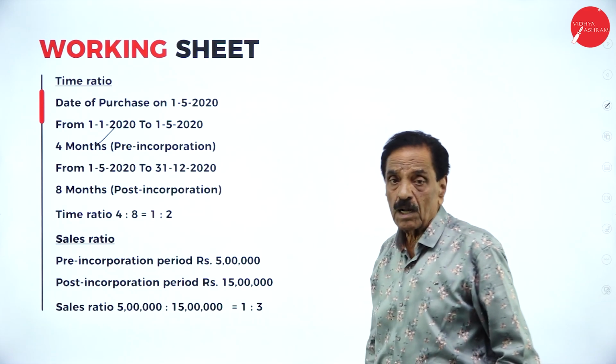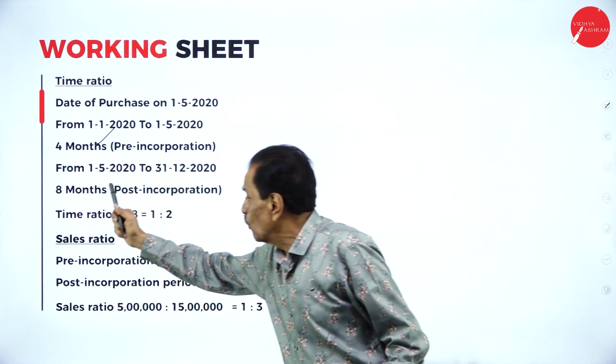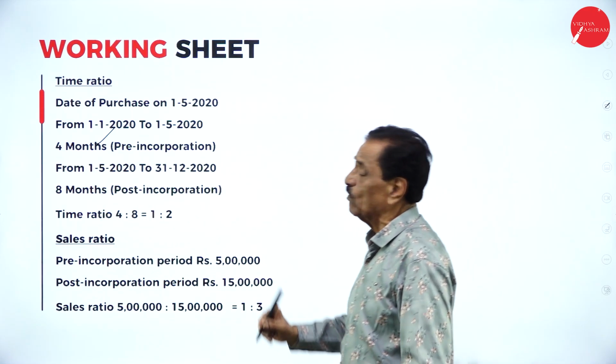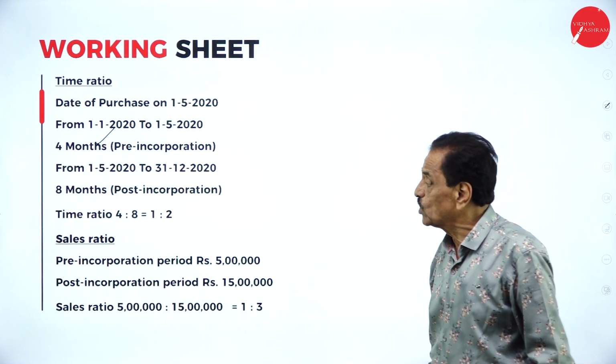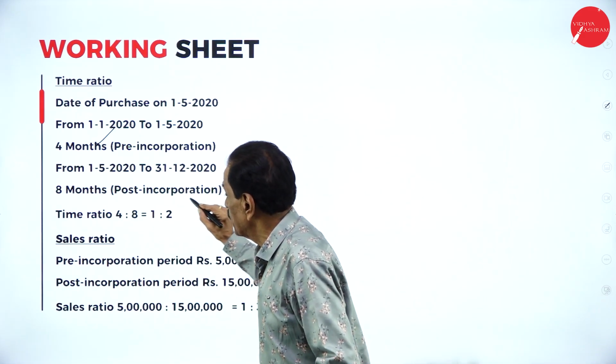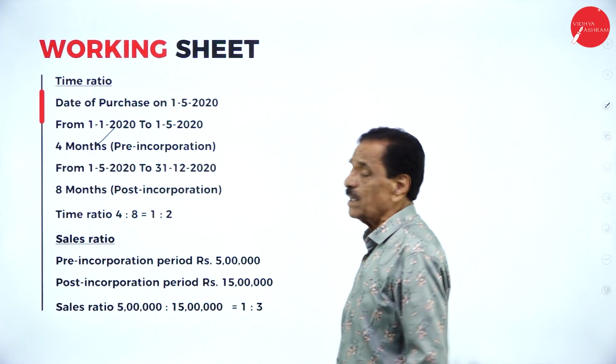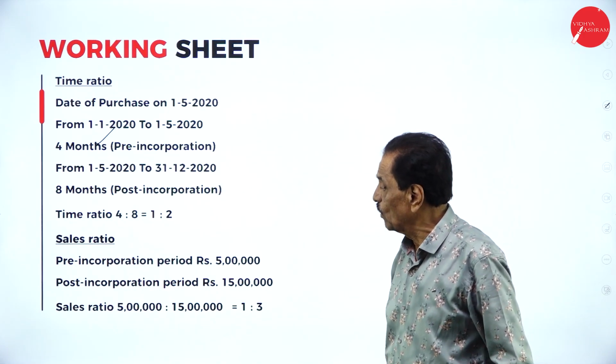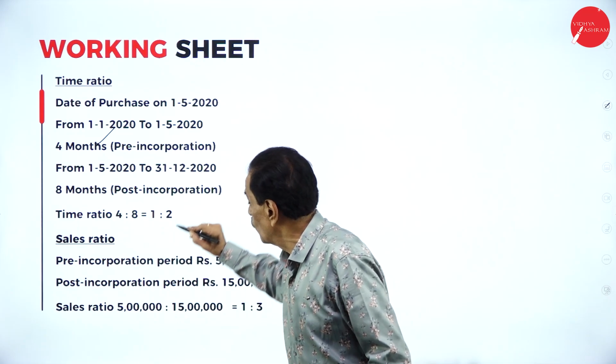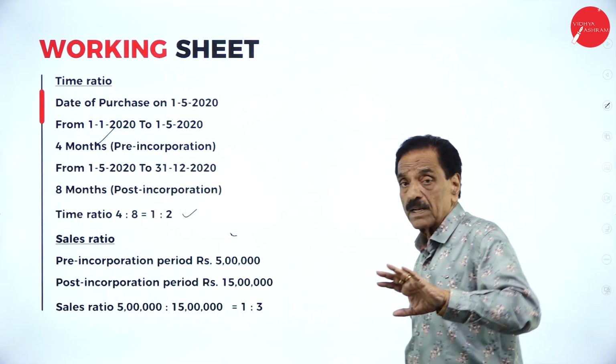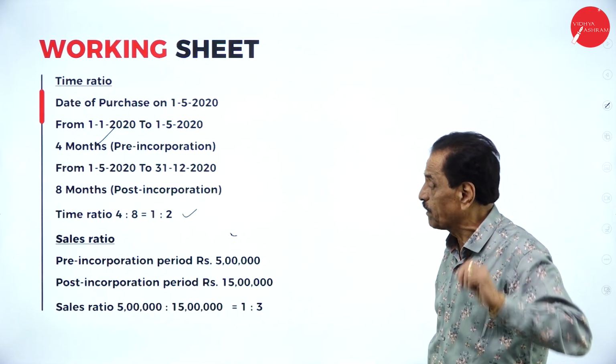This is the pre-incorporation period. From 1/5/2020 to 31st December 2020 is 8 months, the post-incorporation period. Therefore, the time ratio is 4:8, 1:2. One is pre-incorporation, another is post-incorporation.